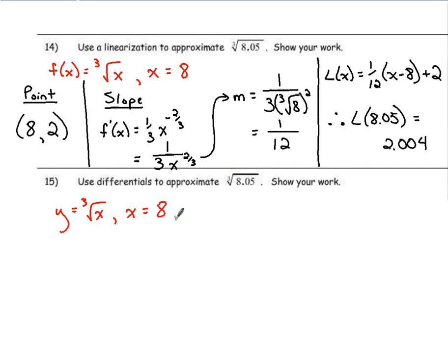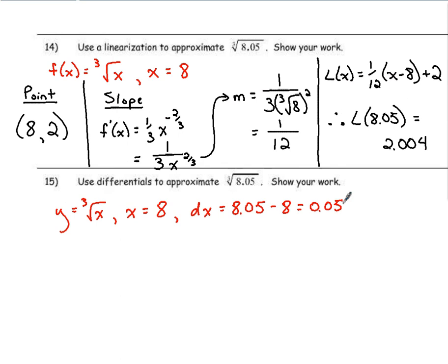But now using this differentials approach, we need to establish a dx. Well, dx will simply be the difference between the value I have under the cube root I'm trying to figure out up here, minus this closest perfect cube of 8. That differential will be 0.05.